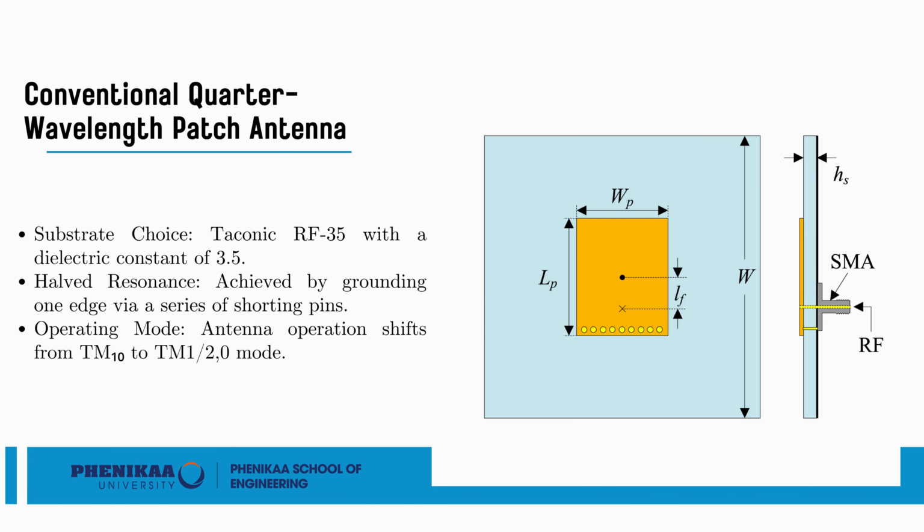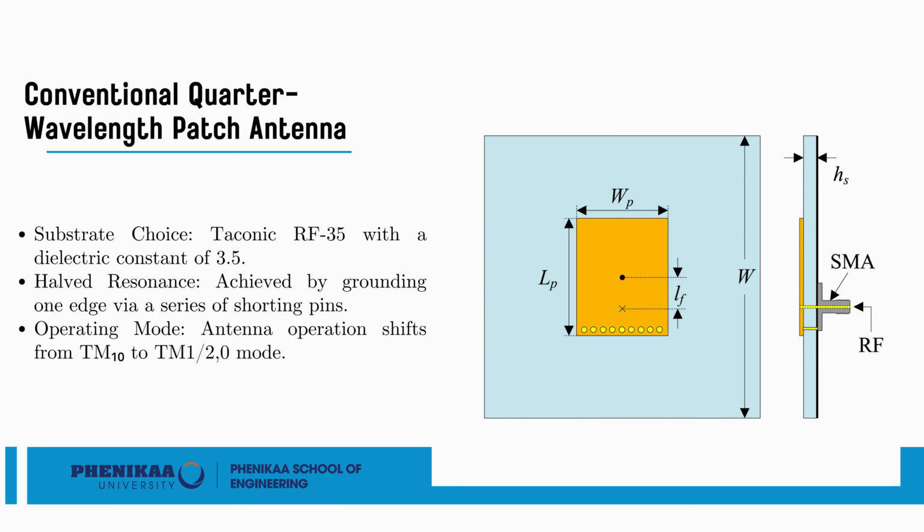To establish a reference point for our study, we modeled a conventional quarter wavelength patch antenna. This baseline antenna is implemented on a Taconic RF35 substrate featuring a dielectric constant of 3.5. By terminating one of the radiating edges with a linear row of metallic shorting pins, the standard resonant length is cut in half, forcing the device to operate in the localized TM10 mode.